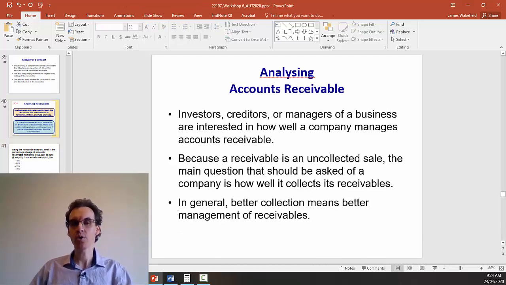So let's now have a look at analyzing receivables and how effectively a business manages receivables in a bit more depth. As you know, investors, creditors, managers of business, and other interested parties may be interested in how well a business manages its accounts receivable because they are frequently the lifeblood of businesses.